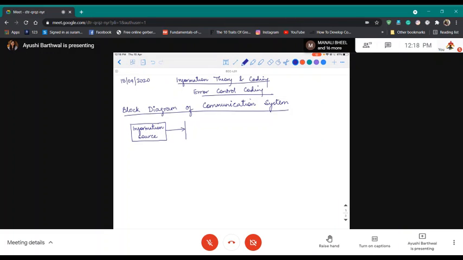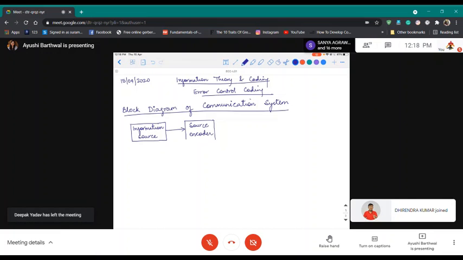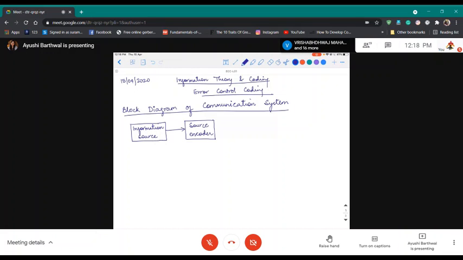You have studied it in the first part where you must have studied the different probabilities of messages that are generated by an information source. Then the second part is source encoder. Let me complete this block diagram first. Then after source encoder, there comes a channel encoder.